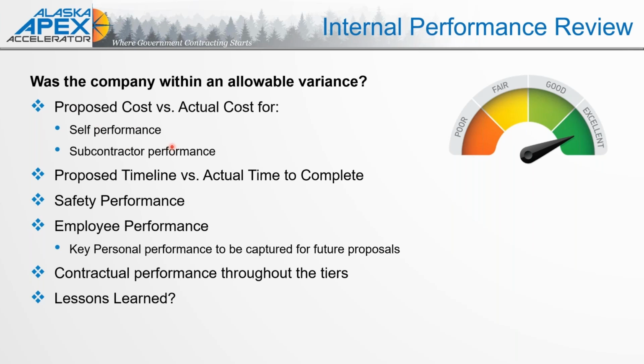Just looking at it from a cost perspective, what you proposed versus what was actually spent, how did you do? Were there areas that were unforeseen, that were acceptable within the contract performance, or were there areas that you neglected when you pulled your proposal together, where you want to apply that learned moment to future proposal activities?